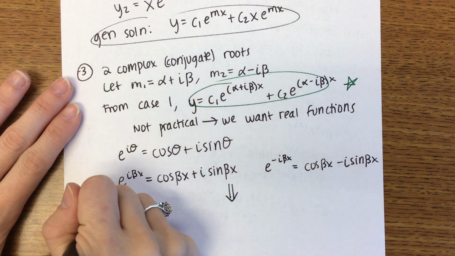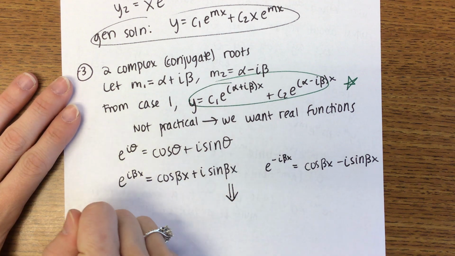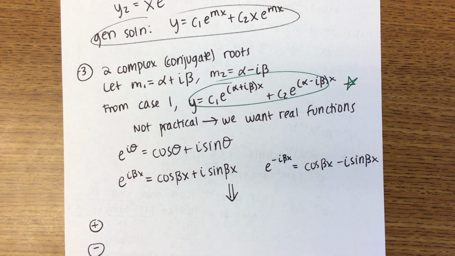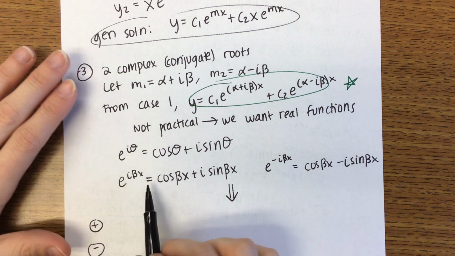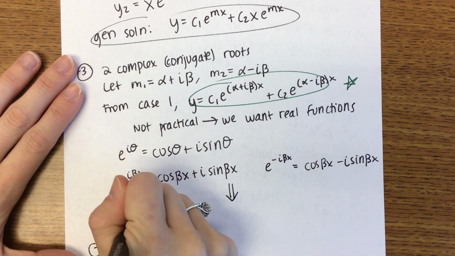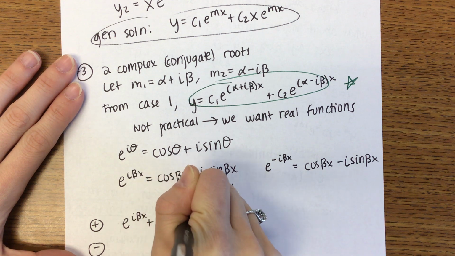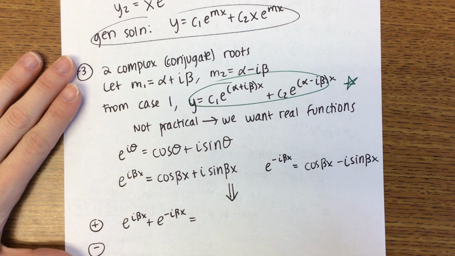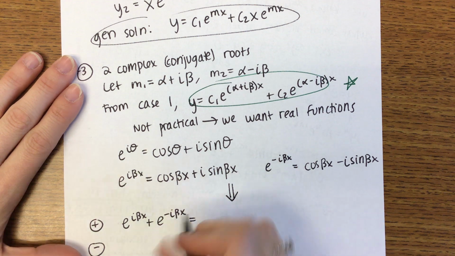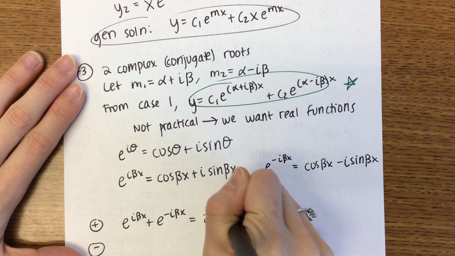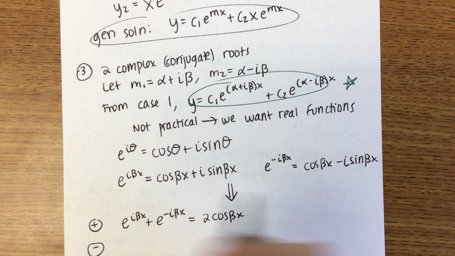So here's what I'm going to do. First, I'm going to add those two together, then I'm going to subtract them. If I add these two together, I get e to the i beta x plus e to the negative i beta x. You should see that those signs cancel, so we get 2 cosine of beta x.